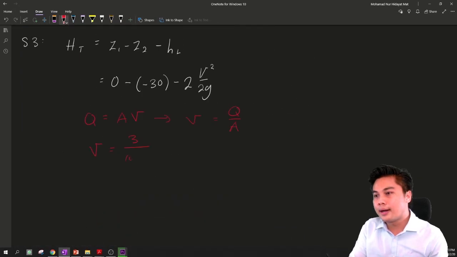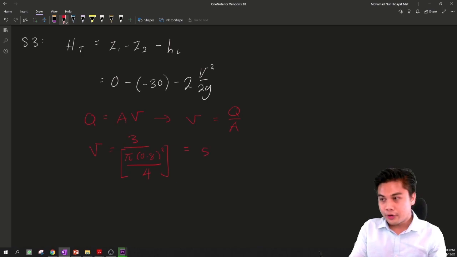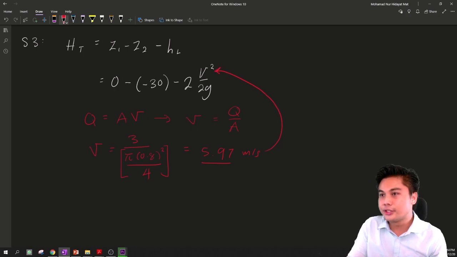So pi times 0.8 squared over 4. The final answer you will get for the velocity is 5.97 meters per second.